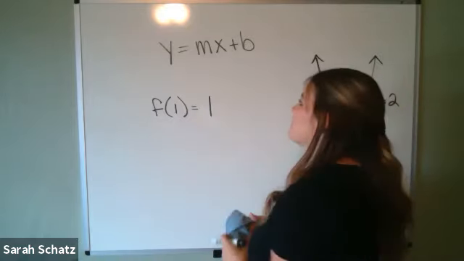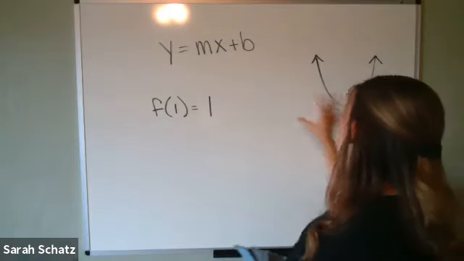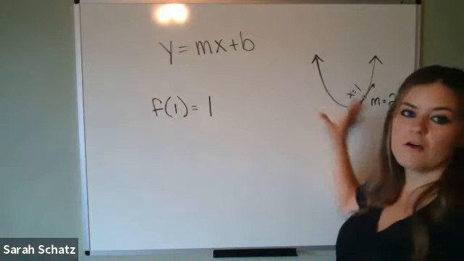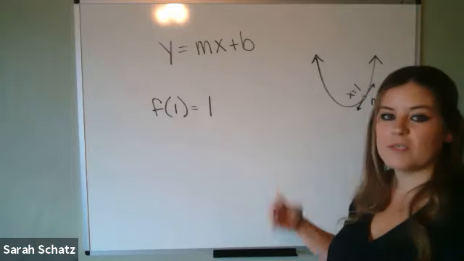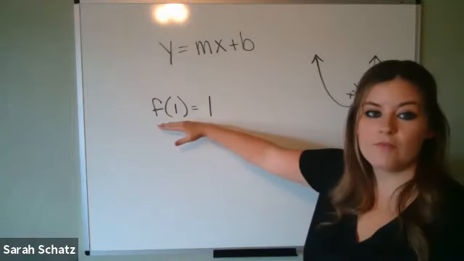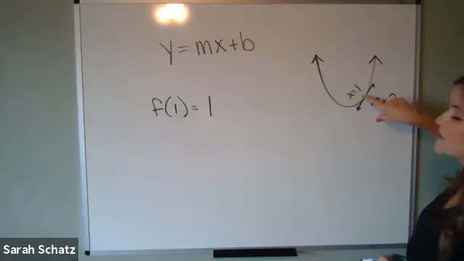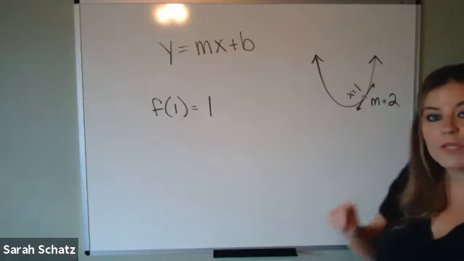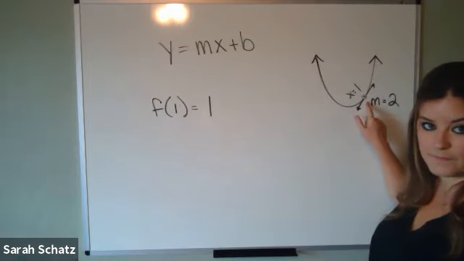So finding the equation to this line, we actually already found all the information we needed to do that. So it's just taking that information one step further. We found f of 1, which is the y value of this point on the function. Remember, that point on the function is the exact same as the point on the line.